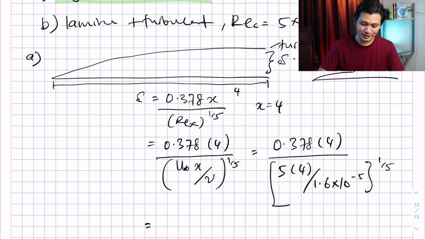So let's put everything in the calculator. 5 times 4 divided by 1.6 times 10 to the minus 5, to the power of 1 over 5, then 0.378 times 4 divided by everything. So you will end up with del equal to 0.0912 meters.